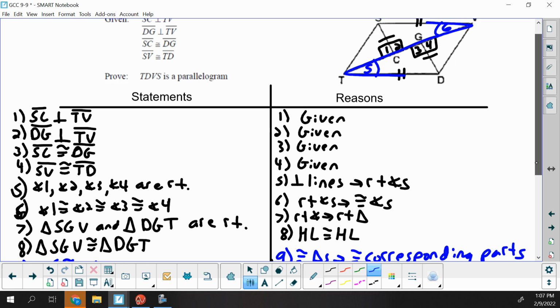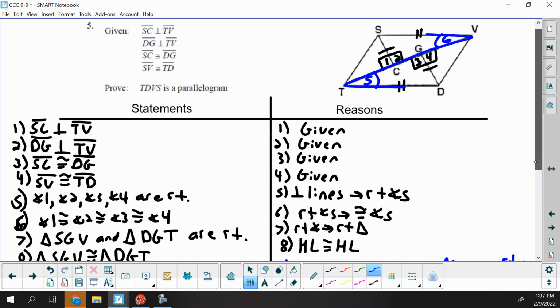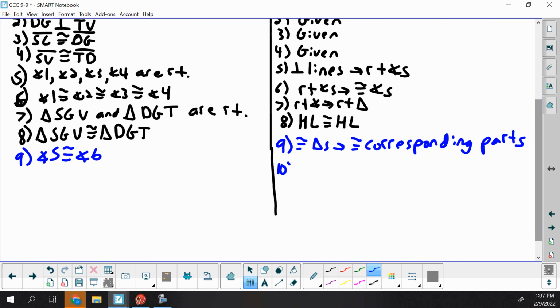Those are congruent alternate interior angles, which we can now use to imply parallel lines. Congruent alternate interior angles implies parallel lines.